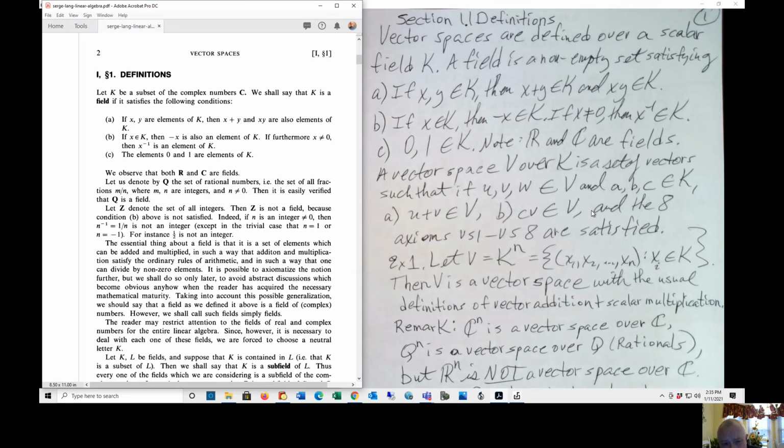And if x is not 0, then the multiplicative inverse is in there as well. And then third, the elements 0 and 1 are in the set K. So clearly, the real numbers and the complex numbers fit this definition of what's called a field.